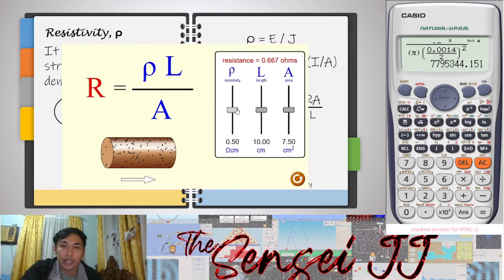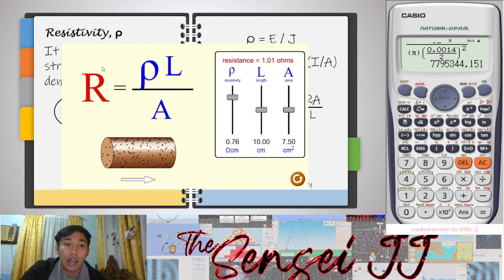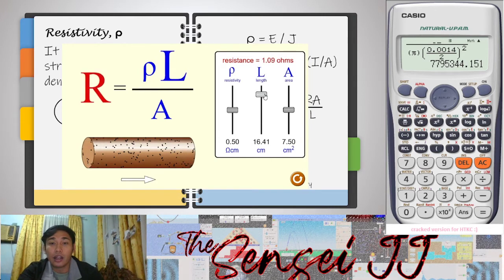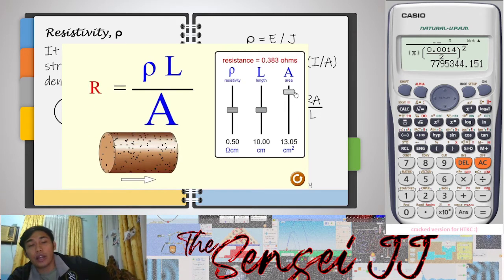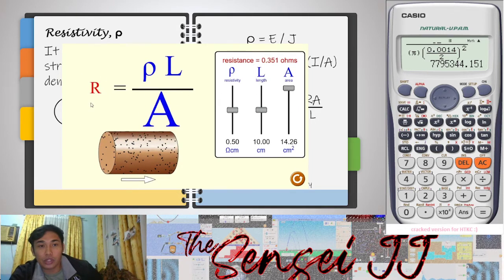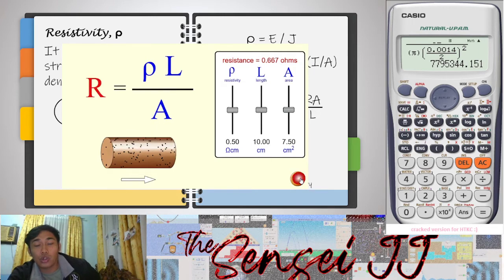So in this case, once we make our resistivity larger, as you can see, our resistance became larger also. When we enlarge our length, the resistance also gets larger. Okay, so numerator gets larger, but when it comes to our area, when we adjust our area to a larger position, the resistance goes smaller.